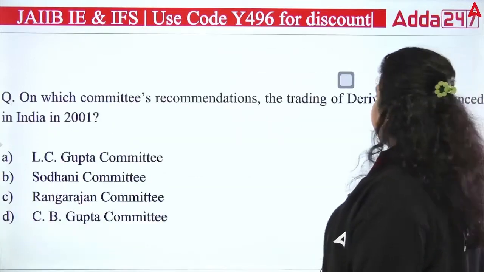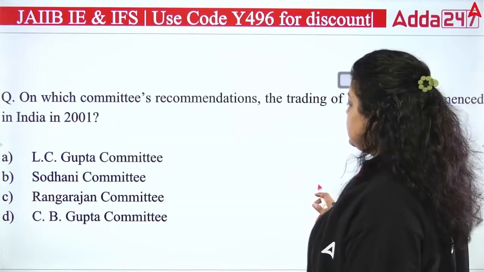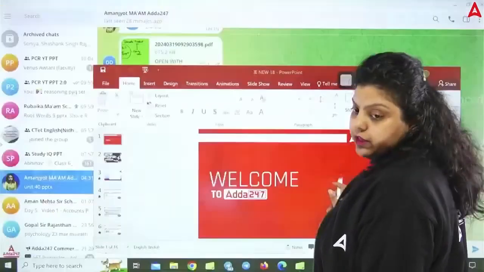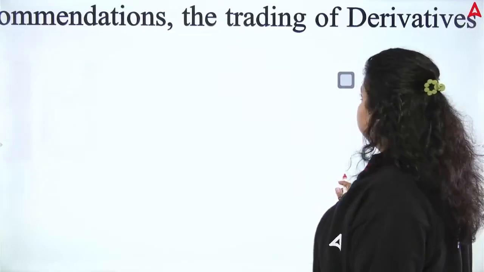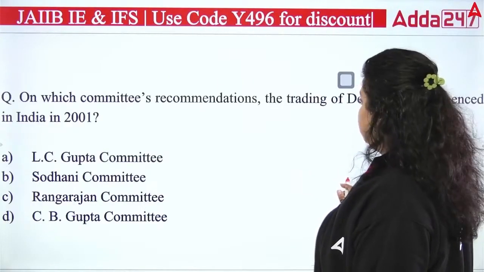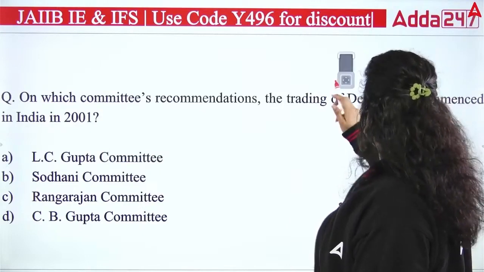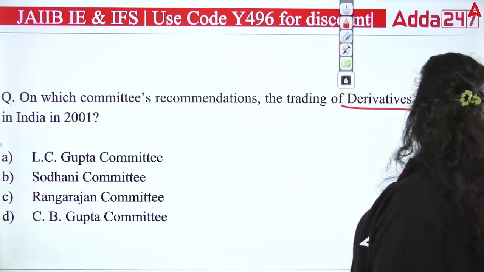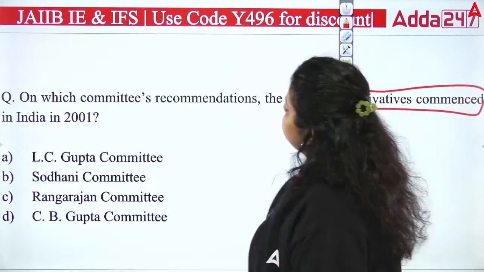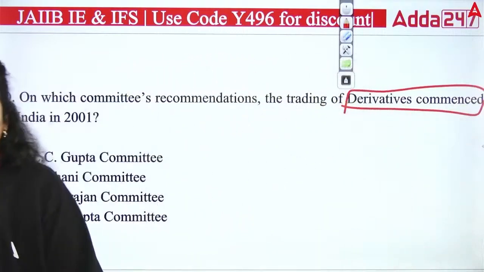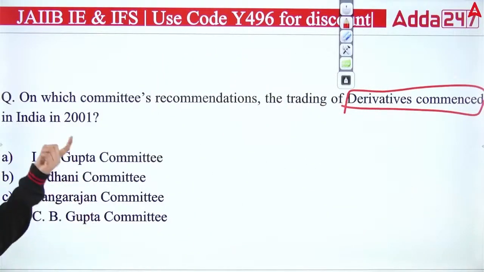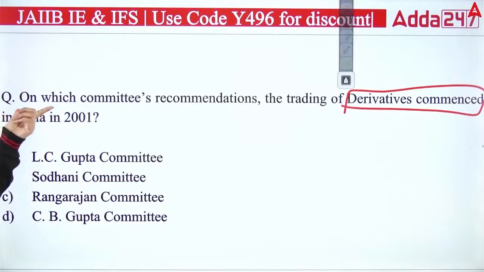Now, next we are talking about derivatives, the Derivative Markets Committee. On which committee's recommendation did the trading of derivatives in India start in 2001? A, B, C or D?